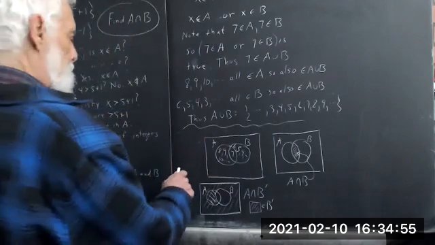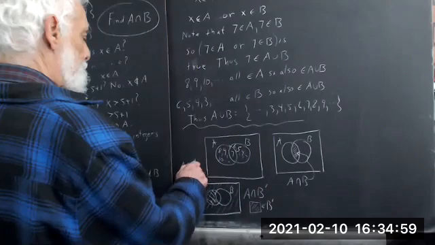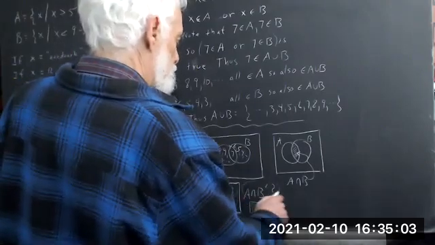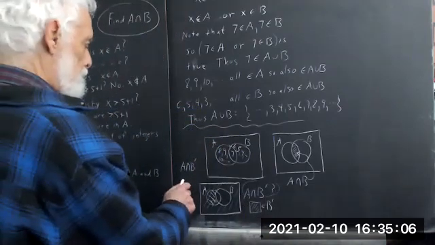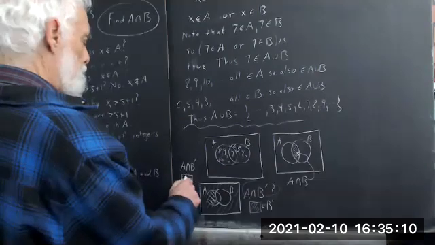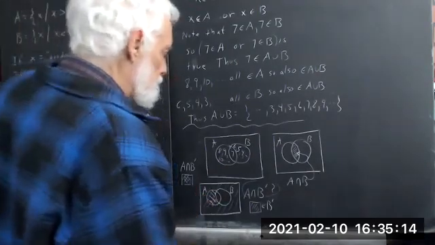So there is A intersection B prime. And it's shaded this way and this way. It's this part of A.